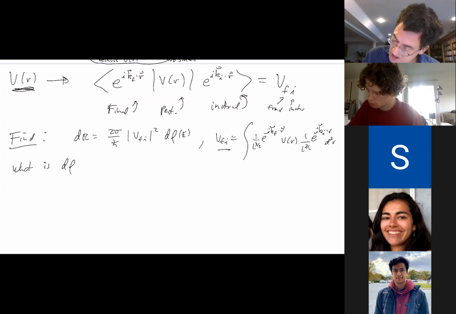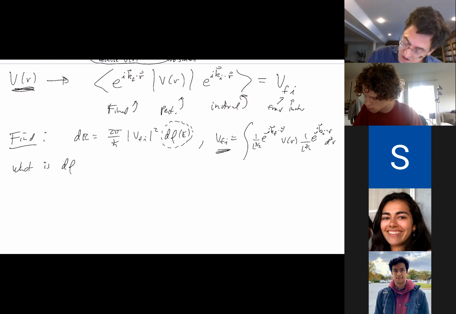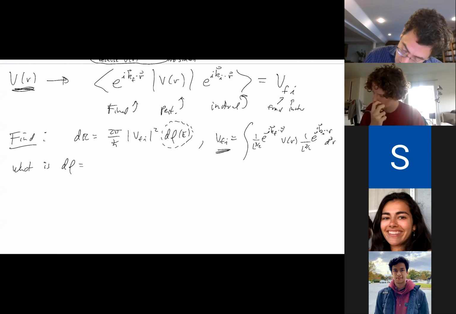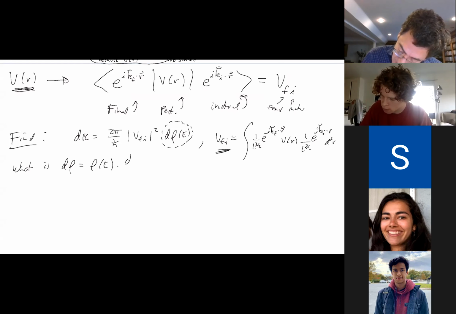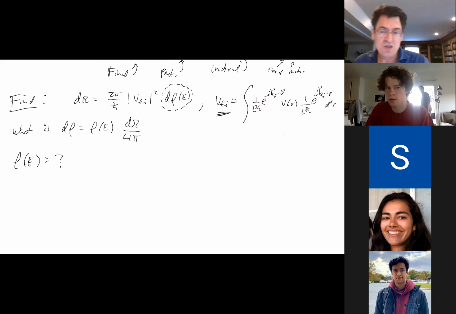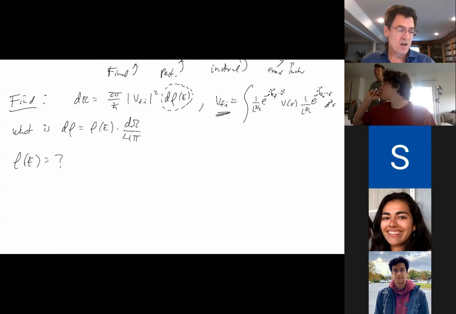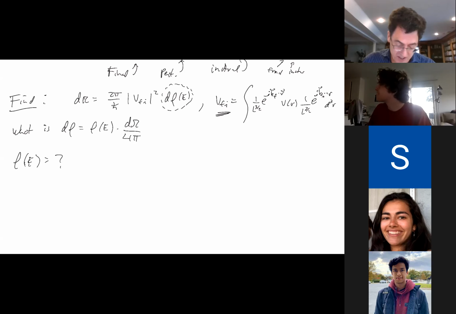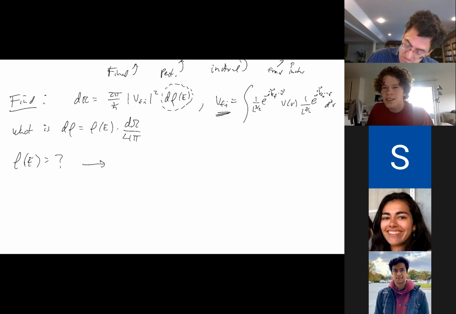So the matrix element is well defined, but the only thing that we don't know is this weird little density of states thing. We know that d rho is equal to the total density of states times d omega over 4 pi. So the question becomes, what is the total density of states? We're running out of time, so I don't have time to do the whole derivation, but I'll mention it.